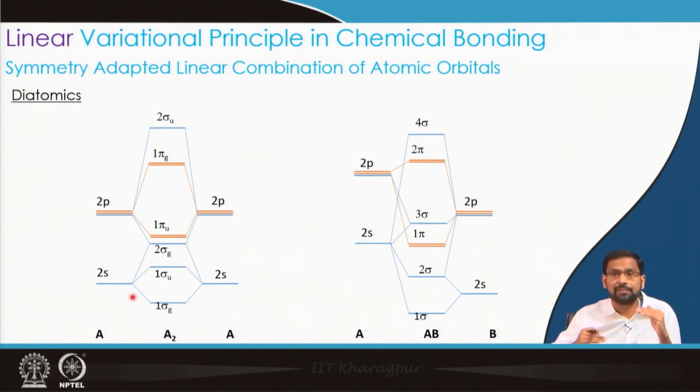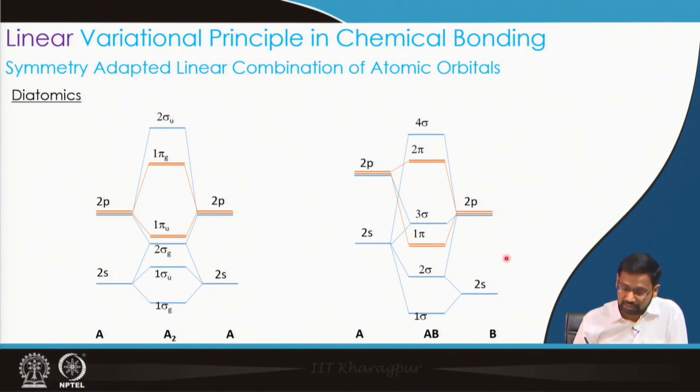When there is an energy mismatch, that means the two atomic orbitals which you are considering for the overlap do not have similar energy, in that case the overlap is weaker, and also the bonding and antibonding pattern changes.